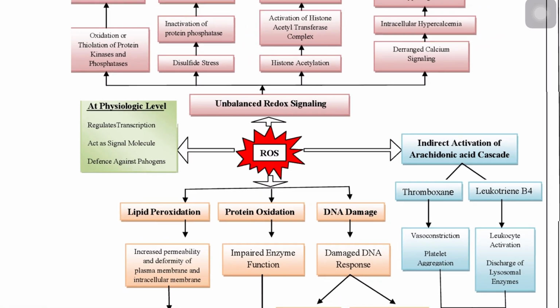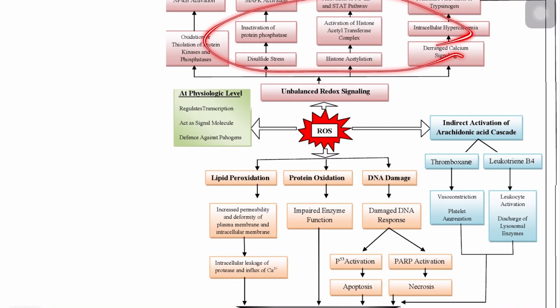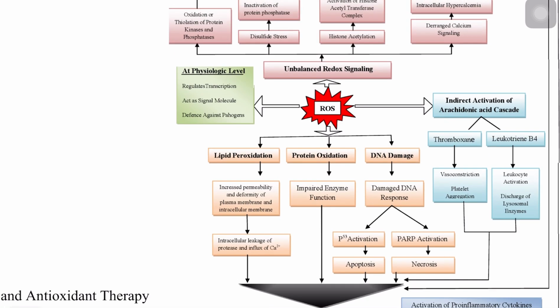Okay, now go from the other side. All of this pathway can affect tissue cell damage because of the effect in the acinar cell. Okay, now we go out from another way.